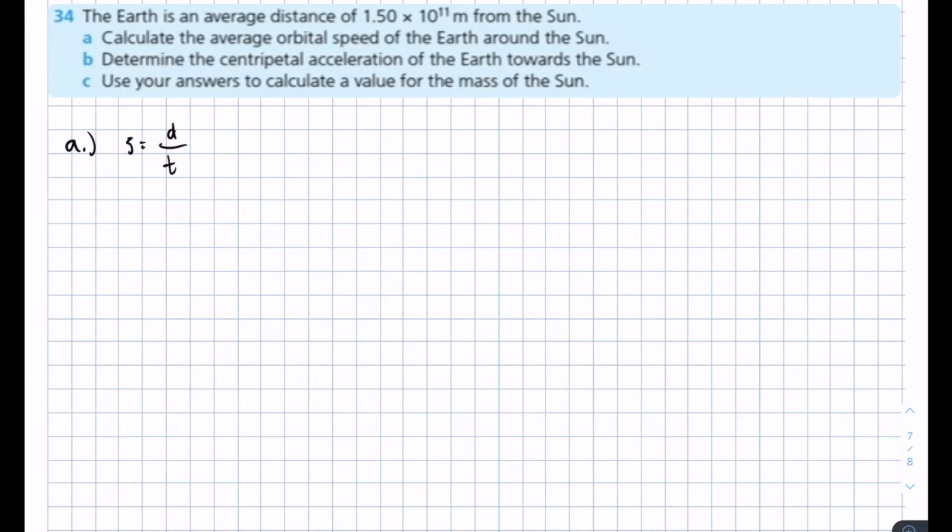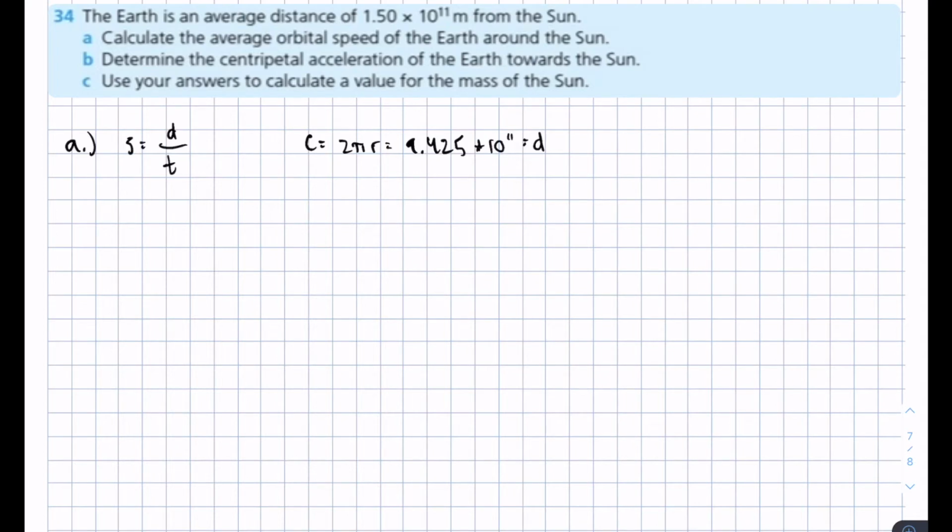The circumference of a circle equals 2 pi r, which in this case would equal 9.425 times 10 to the power of 11, which equals distance, given that the radius equals 1.5 times 10 to the power of 11.